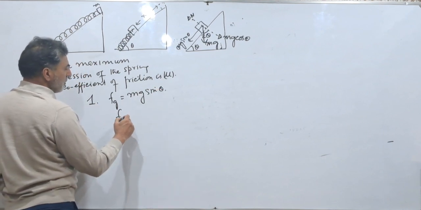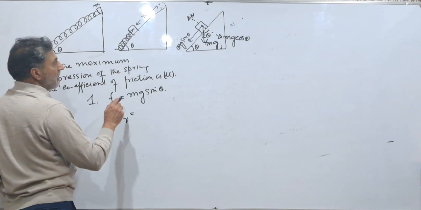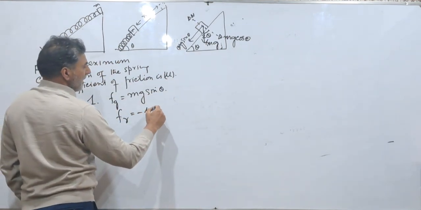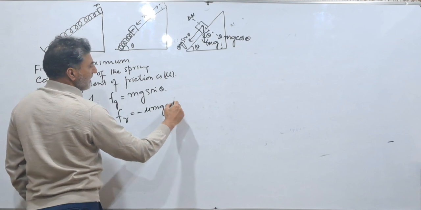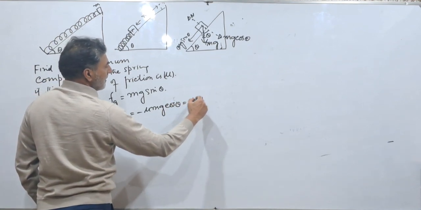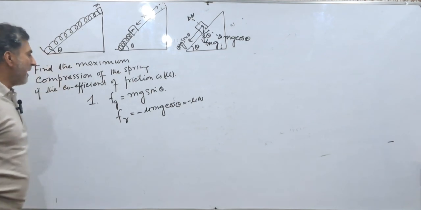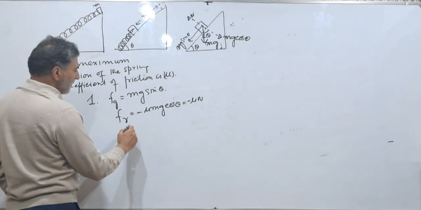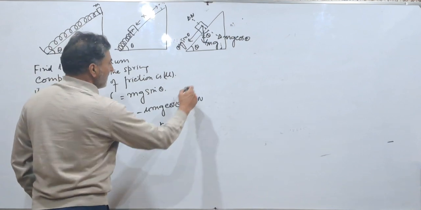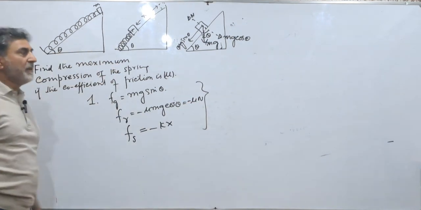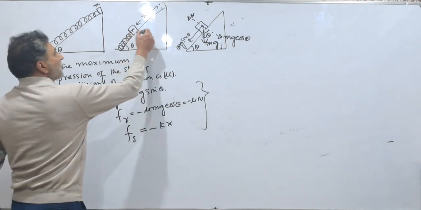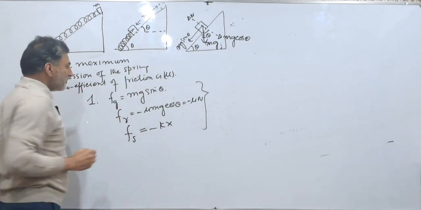Second, frictional force, that is opposite to the motion, that is upwards, that is minus mu mg cos theta, same as mu N. And there is the spring force, that is minus kx. These are the three forces acting on the body when the body moves down from the top to this level.